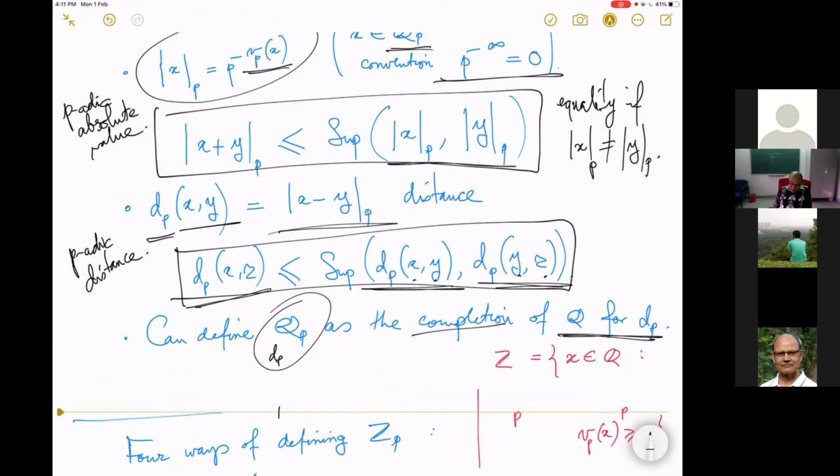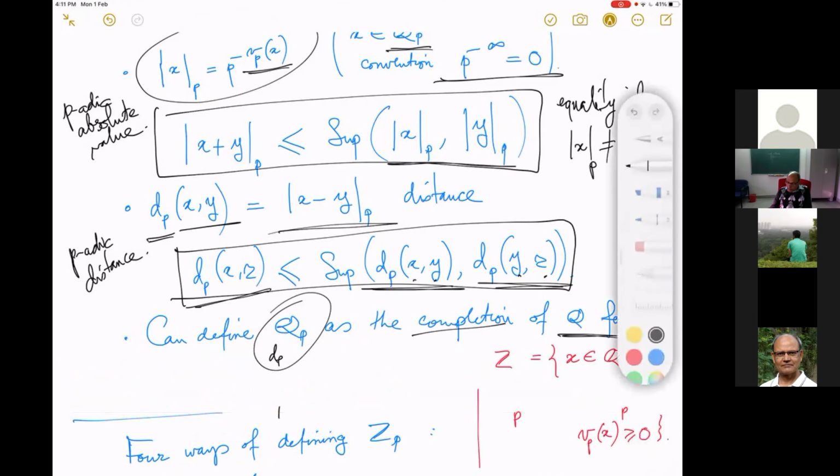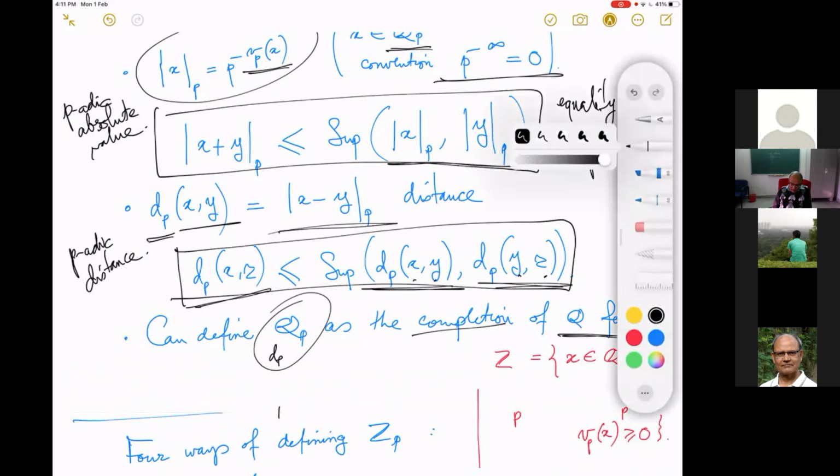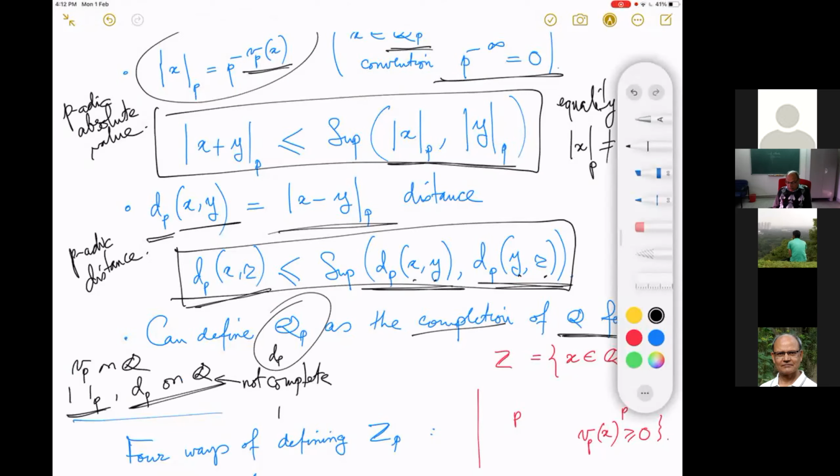I could have defined VP on Q first, and then of course the P-adic distance, and then I will define the P-adic absolute value, and then you can complete it and you define QP.